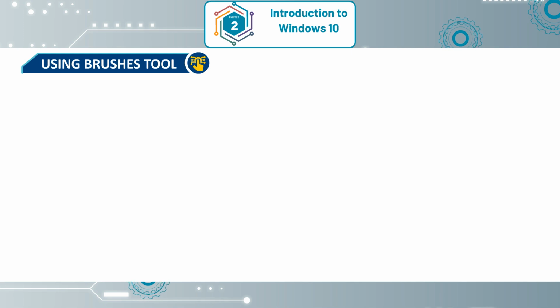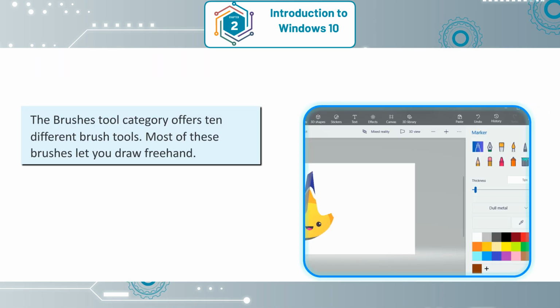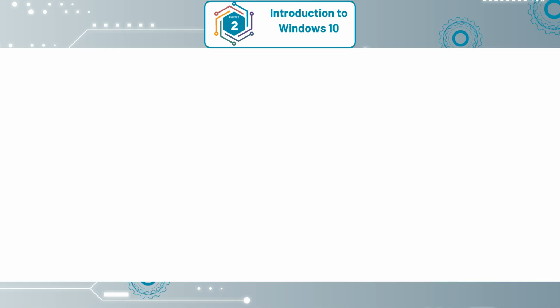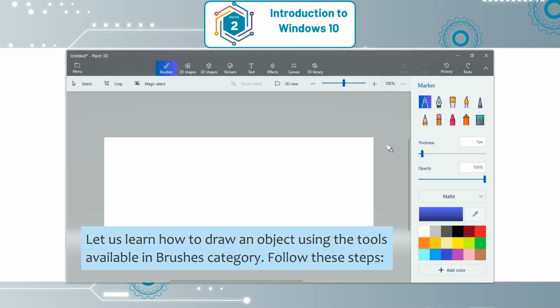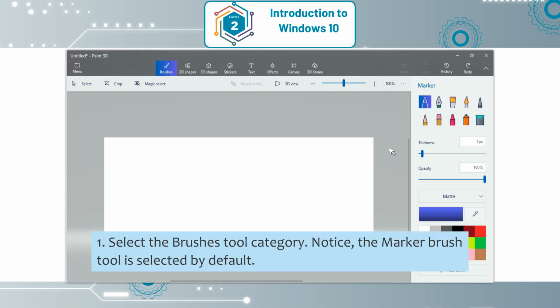Using brushes tool. The brushes tool category offers 10 different brush tools. Most of these brushes let you draw freehand. Let us learn how to draw an object using the tools available in the brushes category. Follow these steps. 1. Select the brushes tool category.